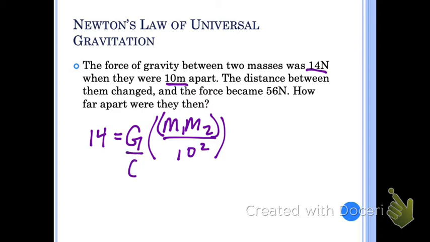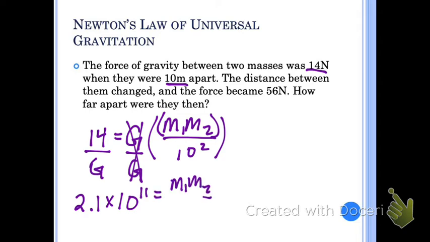If I was going to solve the algebra, I would go ahead and divide over G first. So I'm going to go 14 divided by 6.67 times 10 to the negative 11. I'm going to hit enter. That gives me, let's just round to 2.1, but I'm really going to keep it in my calculator, times 10 to the 11th equals M1, M2 over 10 squared.